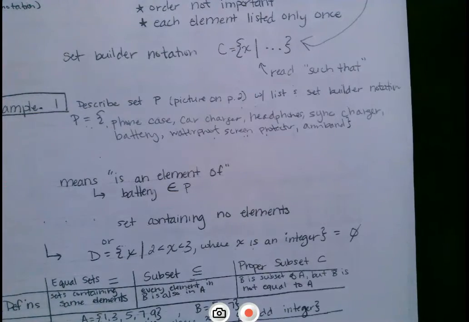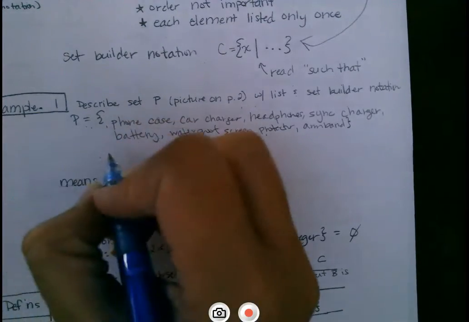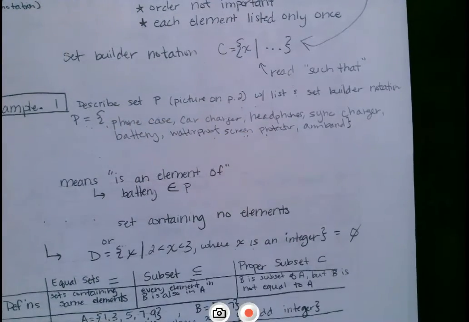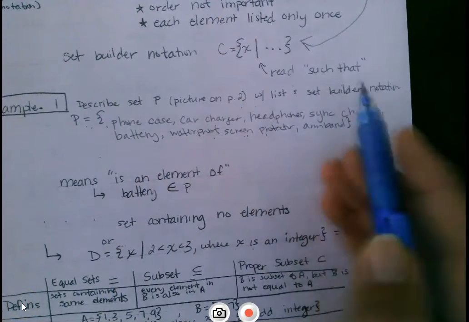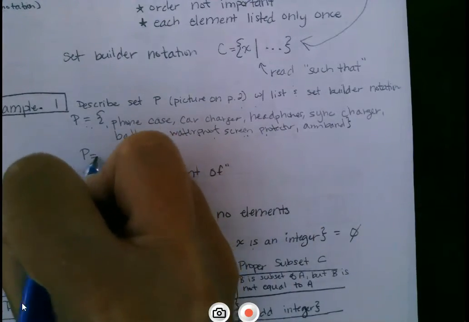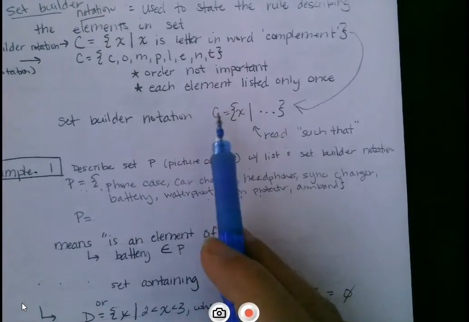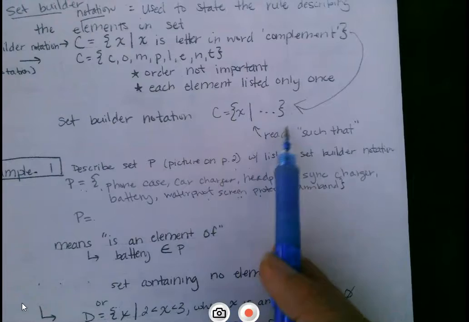All right, now we want to put it in set builder notation. First of all, do you have that written down? Okay, so let's look at the set builder notation. We're going to start with P equals again. And remember, this up here is how we build our own set.